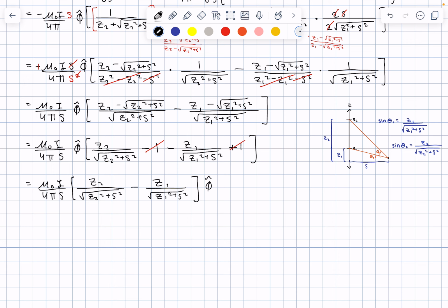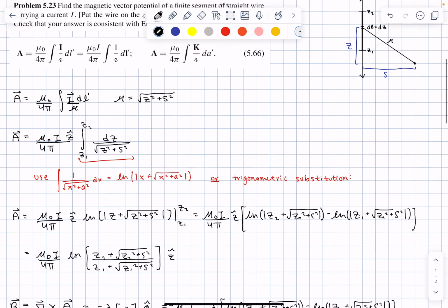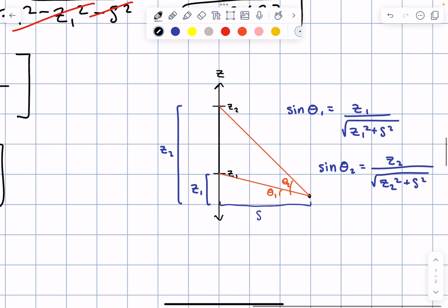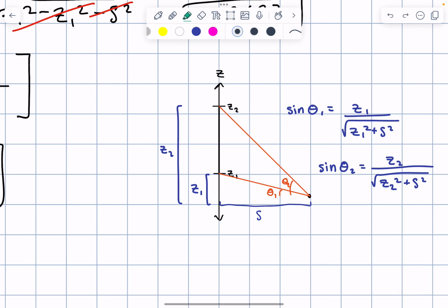Now, if we go back to our diagram, it's asking us to verify equation 5.37. And for that, we can say that theta 1 is going to be this angle here when we are going to z1, all the way to theta 2.